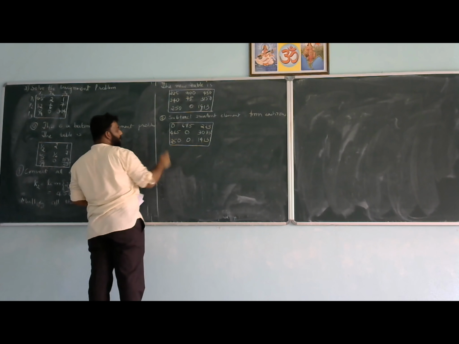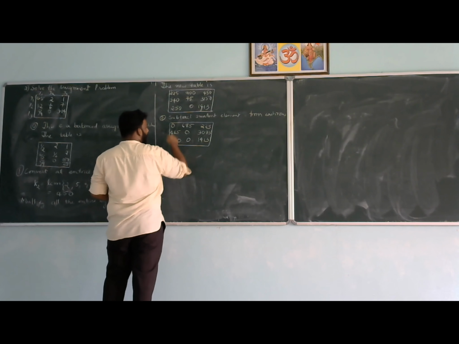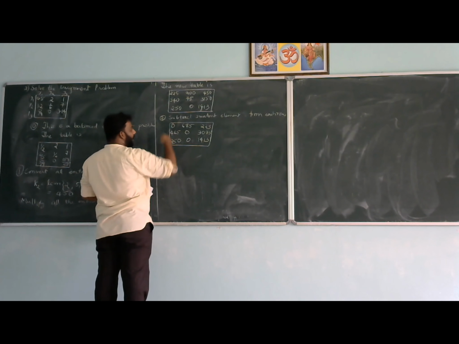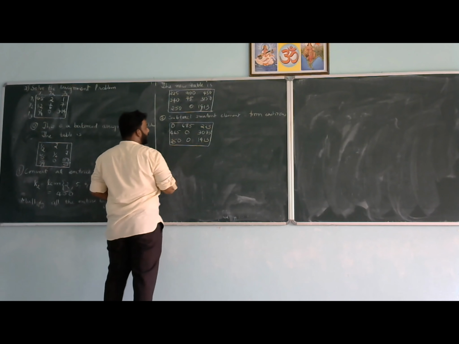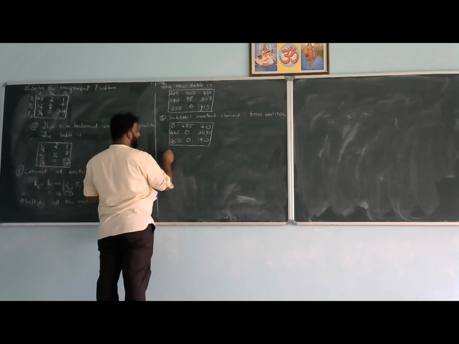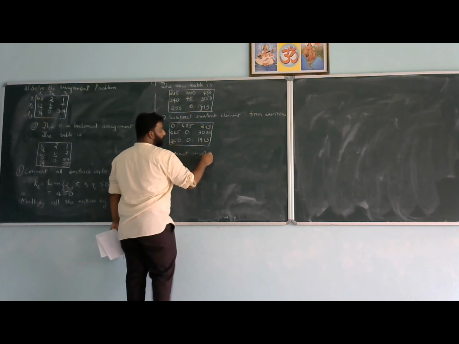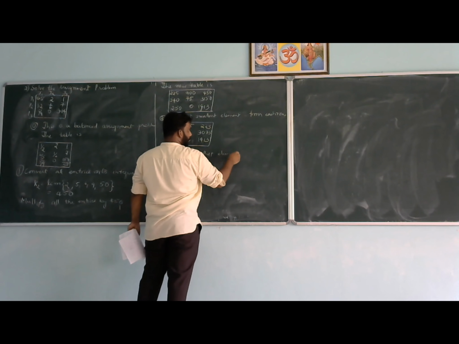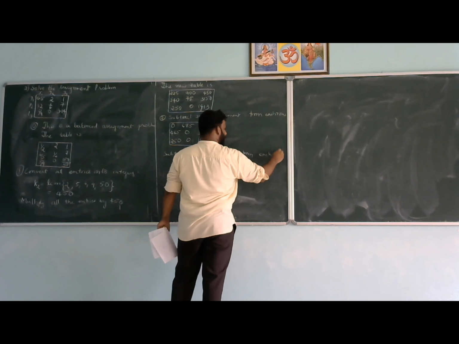Okay, now we have to choose the smallest entry of each column and subtract it from the other entries of the column. Subtract the smallest element from each column.